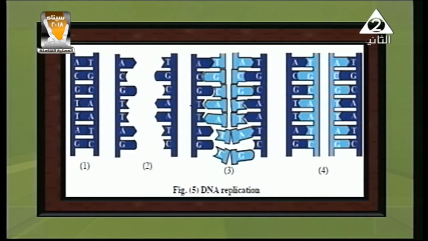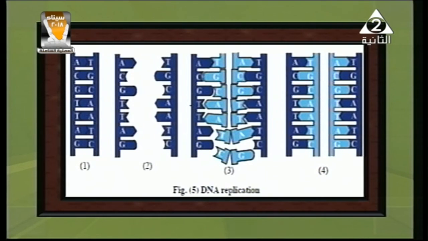Okay, this is a diagram that shows us the DNA replication. We have here number 1, on the left side of the screen, the helicase enzyme. Okay, it's ready. It needs what? To separate the two sides.